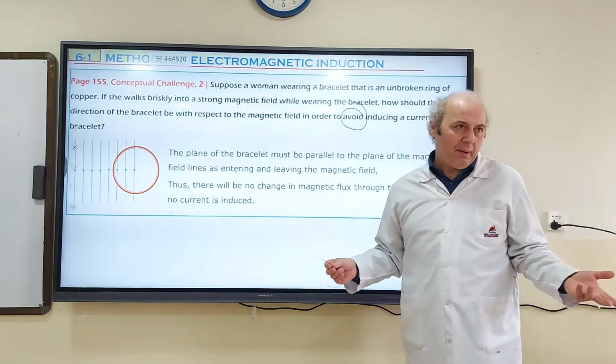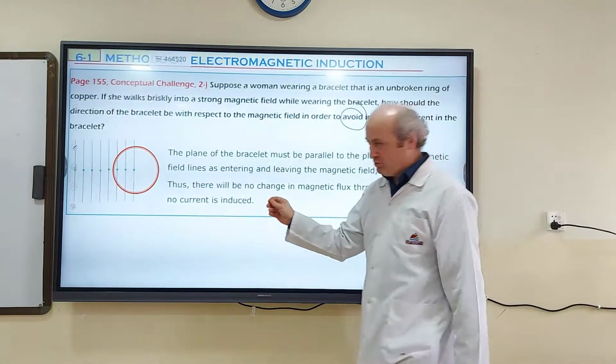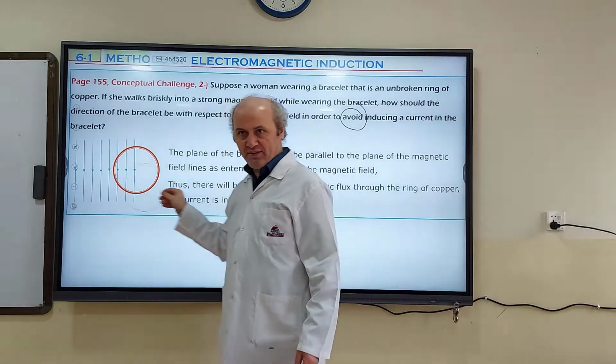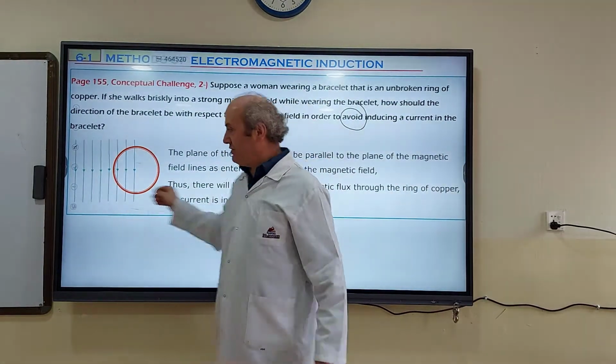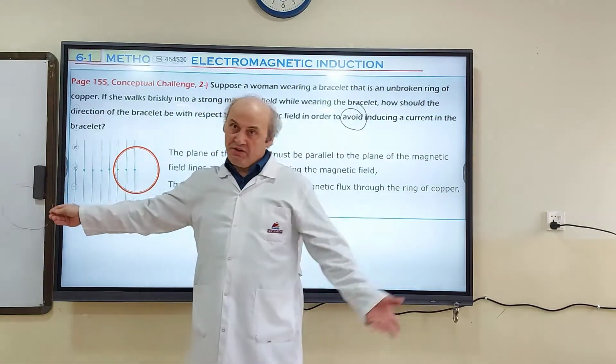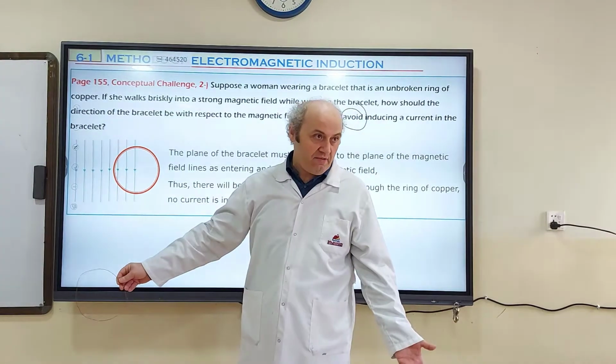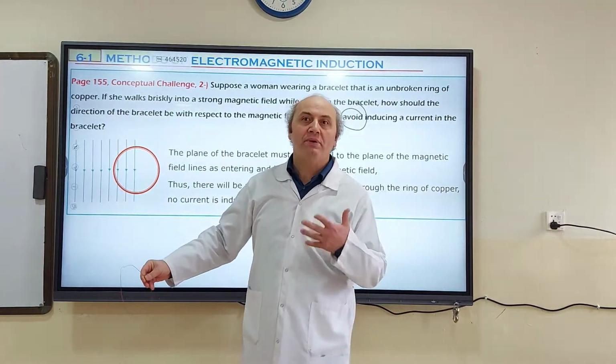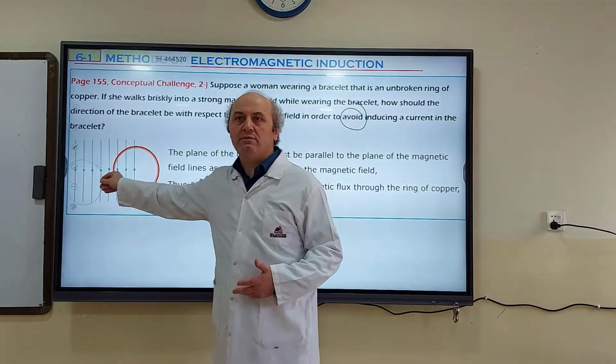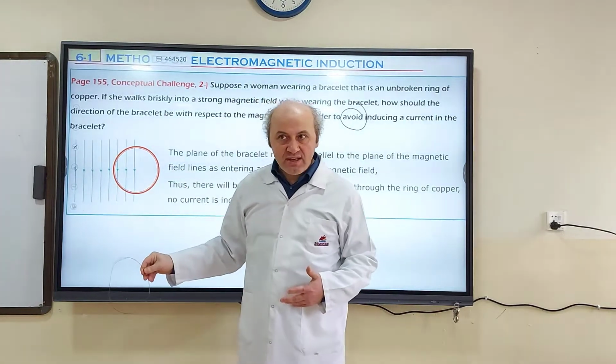We have talked about this. If you hold the loop parallel to the magnetic field lines and then quickly enter the magnetic field, there will be no induced EMF because there is no change in magnetic flux. That's why you should hold the bracelet parallel to the magnetic field lines.